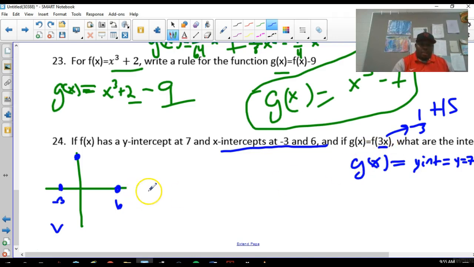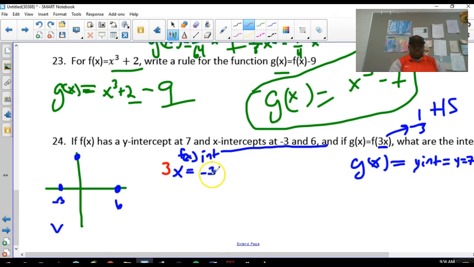Now, because this affects the x value, I'm going to show you what you can do. We know that for f of x, the intercept is x equals -3, okay? Well, check this out. See how this is 3 times x? I'm going to apply that right here, 3x equals -3.